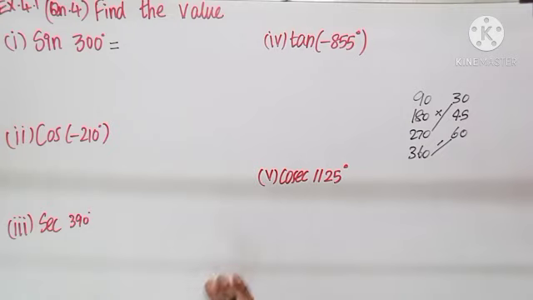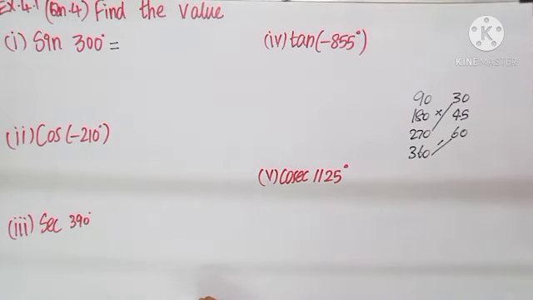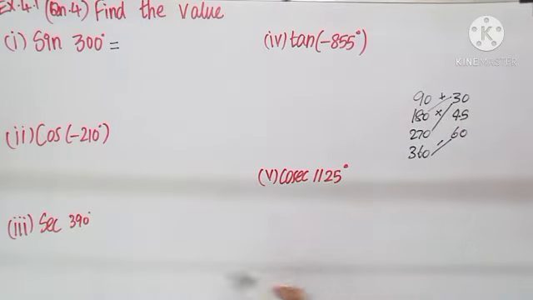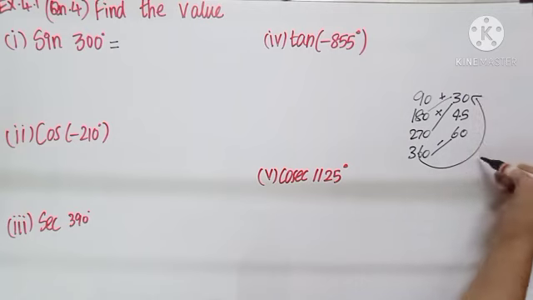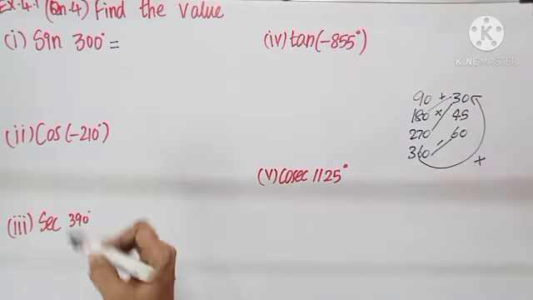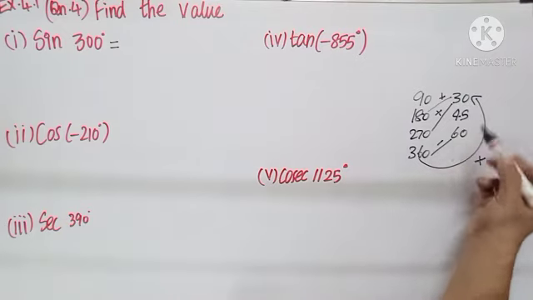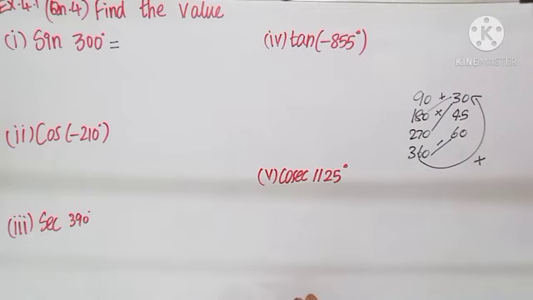Then use the quadrant rule. 210 can be written as 180 plus 30. 390 can be written as 360 plus 30. So the given angles, try to write as a sum and difference of any of these combinations, which will help us to use the quadrant rule.